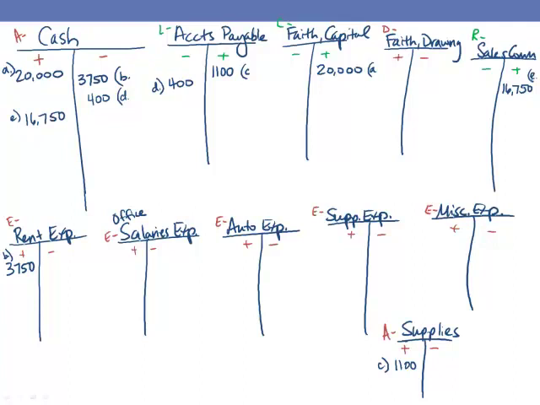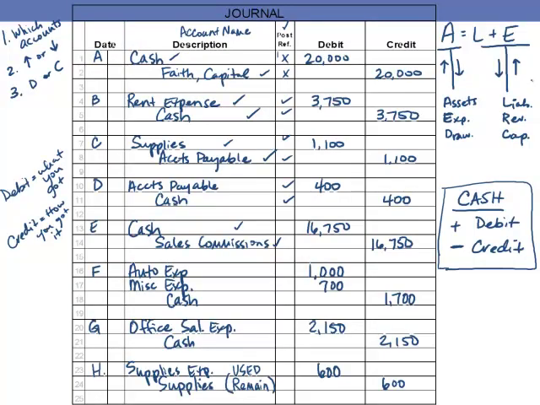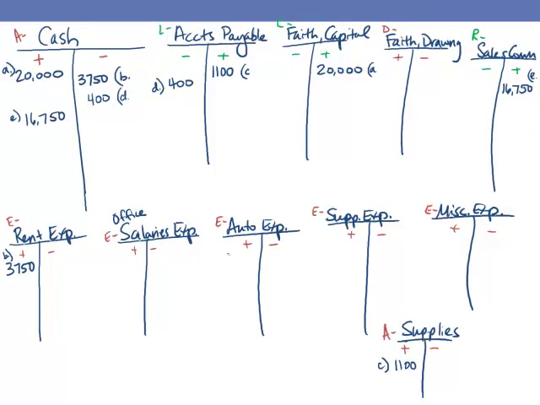That increases sales commissions. All right, next we have auto miscellaneous expense and cash for $1,700 and $1,700. So auto expense $1,000, miscellaneous expense $700, both debits, and then we have cash $1,700 as a credit.